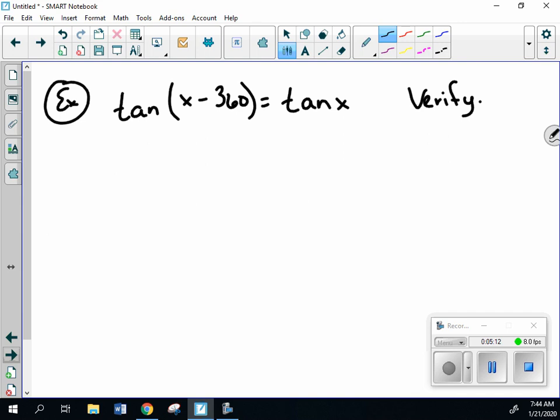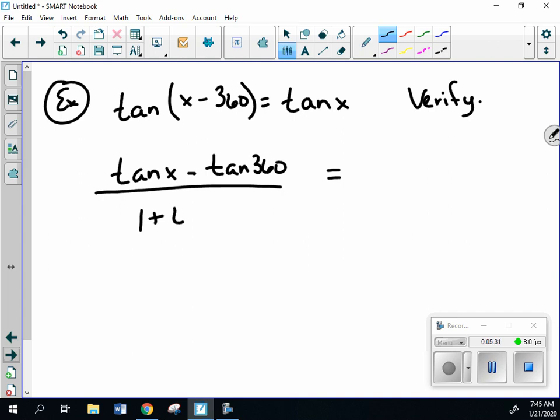Okay, well, looking at our tangent, we have an x minus 360, so we're going to be looking at our tangent alpha minus beta. So I will have tangent x minus tangent 360 over 1 plus tangent x tangent 360.